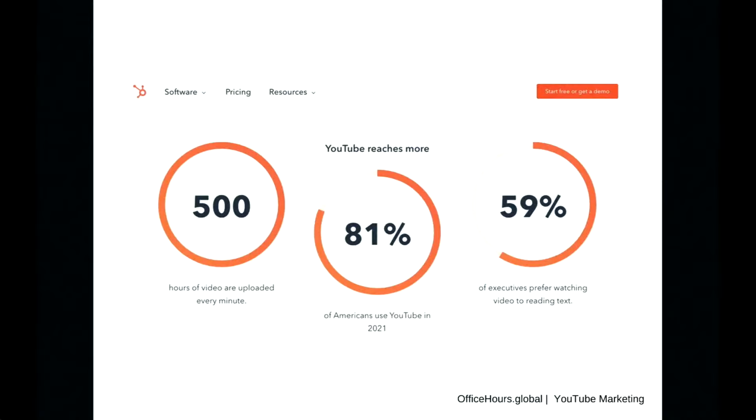Just quickly, some snapshot numbers of how much content gets uploaded to YouTube and how people are searching. And knowing that YouTube is the second, it's owned by Google, so it's a search engine. So SEO, search engine optimization, is actually a really good tool.